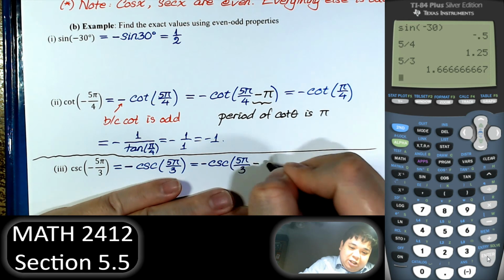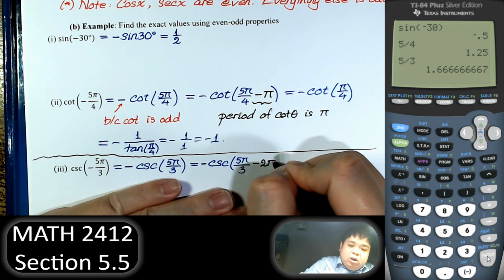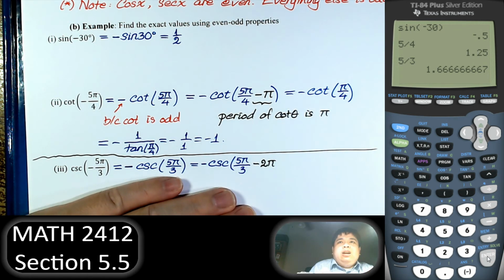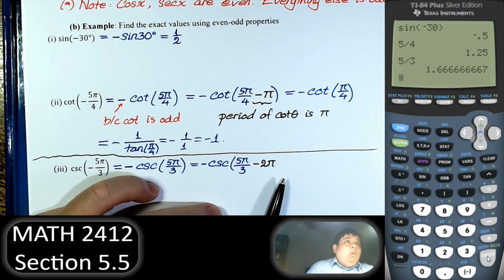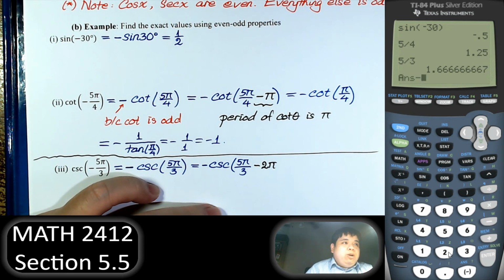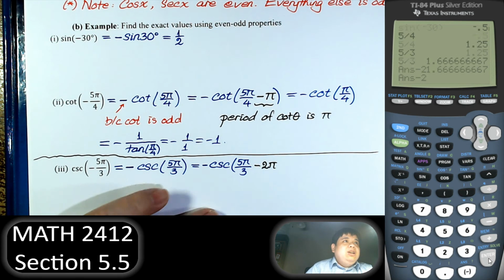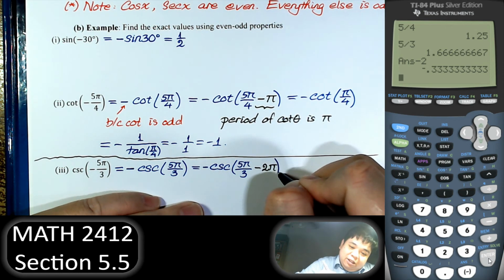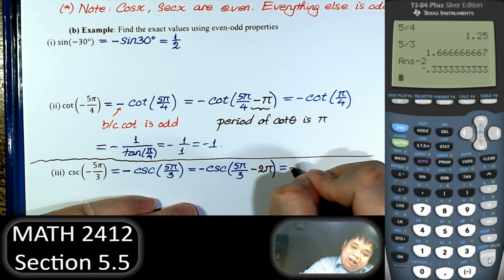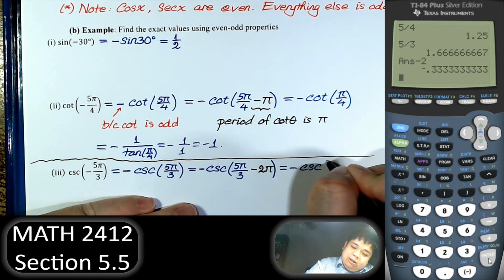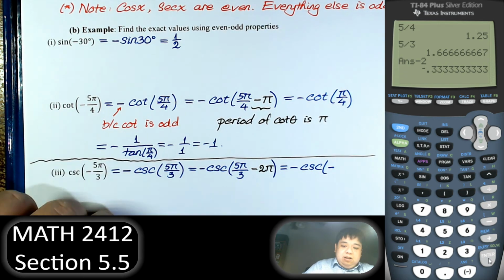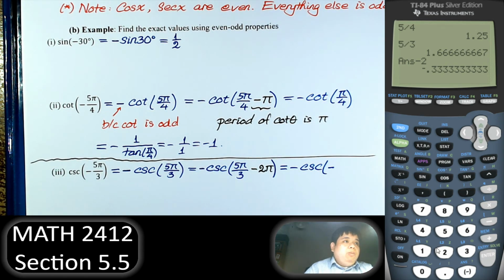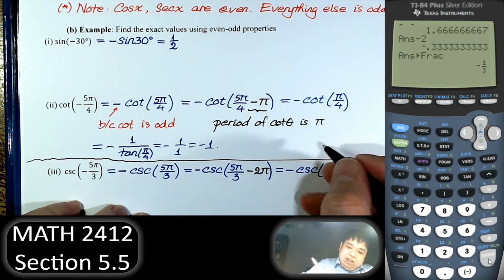So we can subtract 2 pi, or we can add 2 pi to it. The reason I want to subtract 2 pi is to get a very small number. So this is equal to negative cosecant of negative pi over 3.